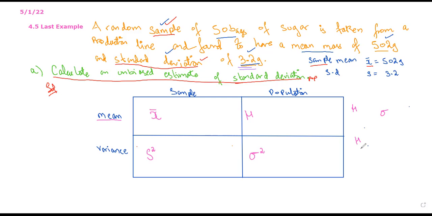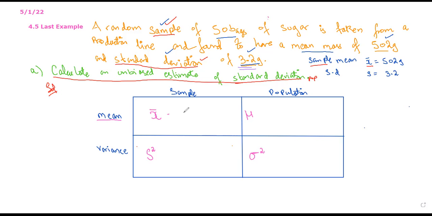It's a different character, maybe Latin or Greek. The same goes for sigma. You can use this as a trick. So we are clear with how to denote sample mean, population mean, sample variance, population variance.